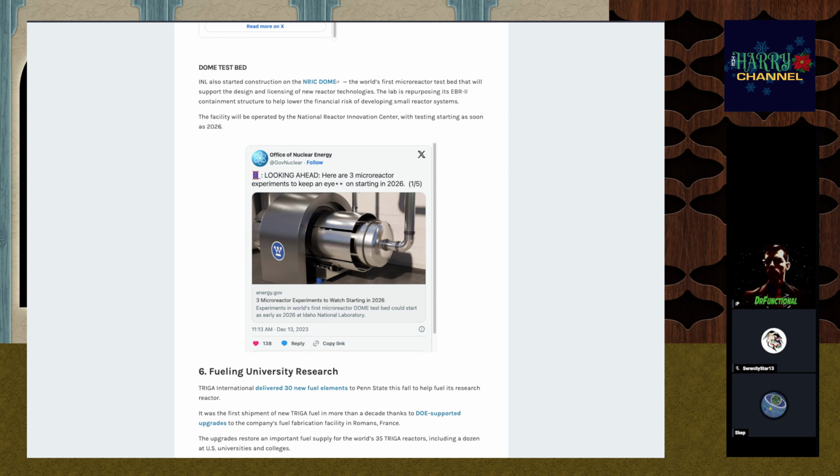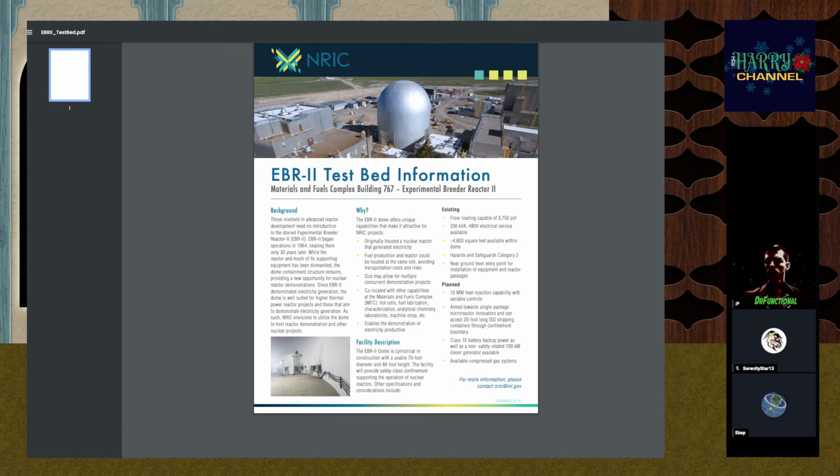Think of the possibilities. You could have that in your basement. Actually, not even kidding. A 10 megawatt reactor, you really could have a home reactor. Floor loading capability and so on. Excellent. Anyway, that's all really cool stuff here.